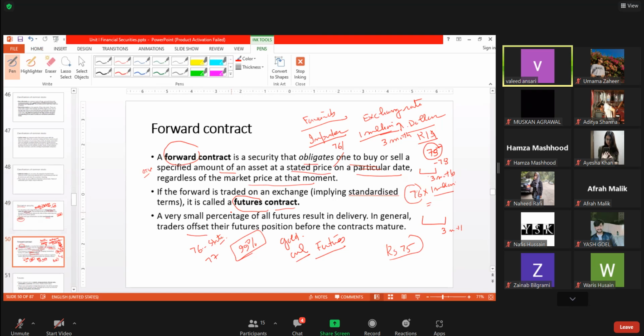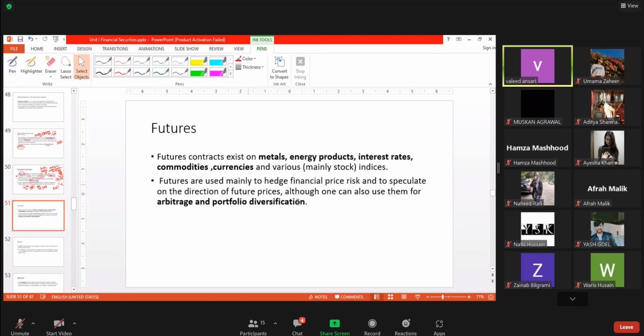Then another type of contract is given here. What types of futures contracts are prevalent? Like in metals, energy, products, interest rate futures are also there. In the same way, there are derivatives on interest rates; companies which have a borrowing requirement can buy it.